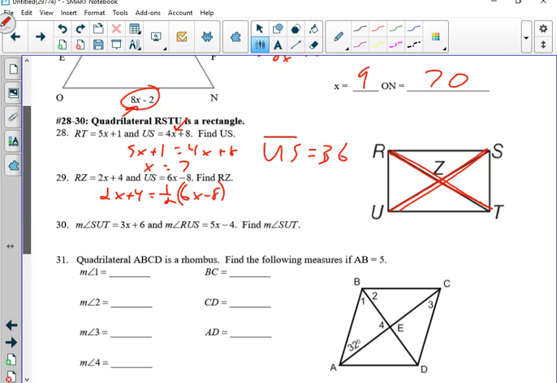Again, distribute the half, you get 2x plus 4 equals 3x minus 4. Subtract 2x, add 4, you get x is 8. It says find RZ. 2 times 8 is 16, plus 4, RZ is 20.